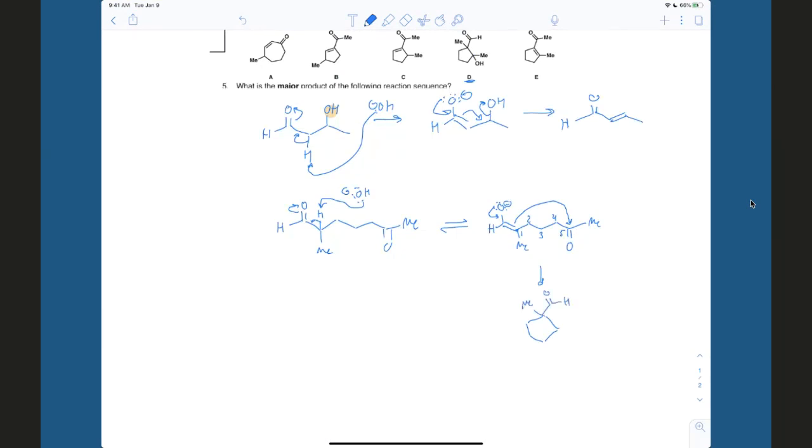See, the aldehyde is still here. We end up making a fully substituted carbon 2. This at first is going to be an O- as an alkoxide, and it'll get reprotonated.